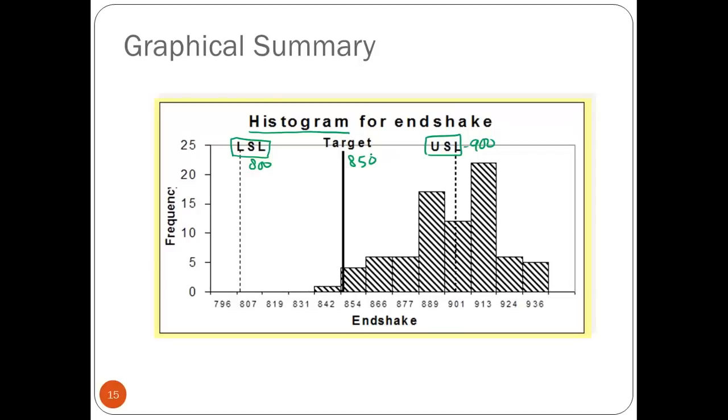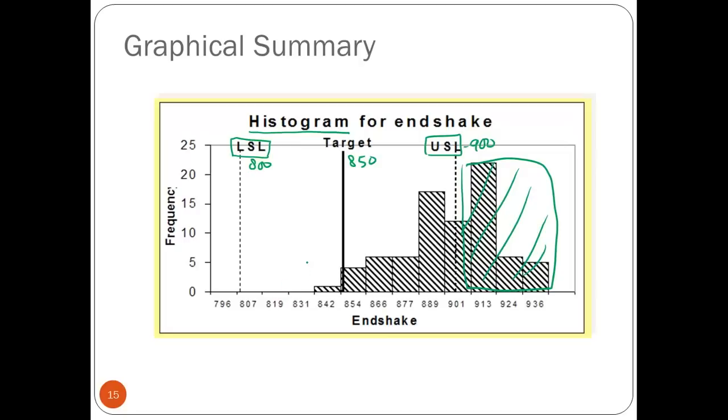One thing you can notice is that most of the values are concentrated around this 900, the upper specification limit, and because of that half of the histogram is outside the upper limit. So all these items that are produced are rejected, or they may need some kind of rework.